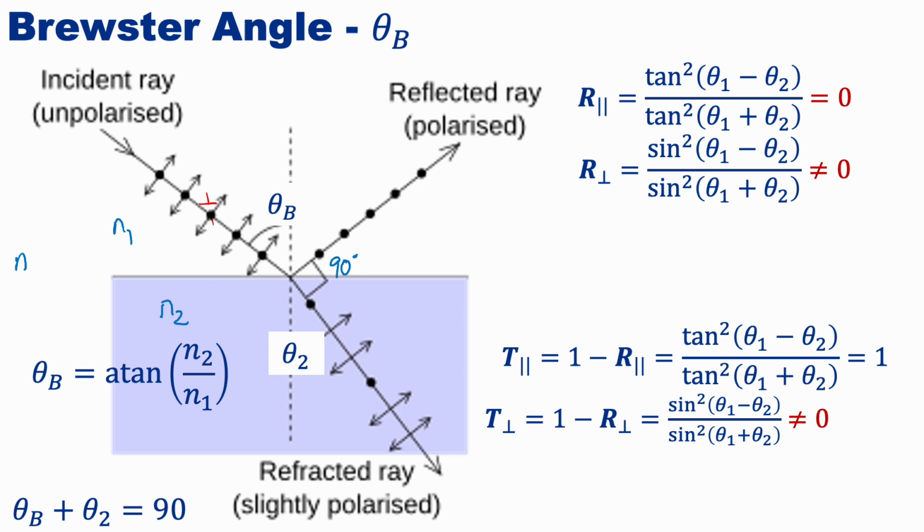So definitely N2 needs to be higher than N1. This is a condition. Otherwise, we cannot have the angle of 90 degrees between the refracted and reflected beams. What is really important about the Brewster angle is that the reflected ray is completely polarized, while the refracted one is only slightly polarized. And it's just for this particular angle where we have this condition.